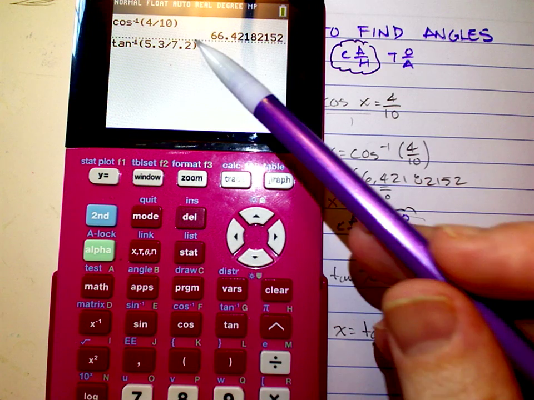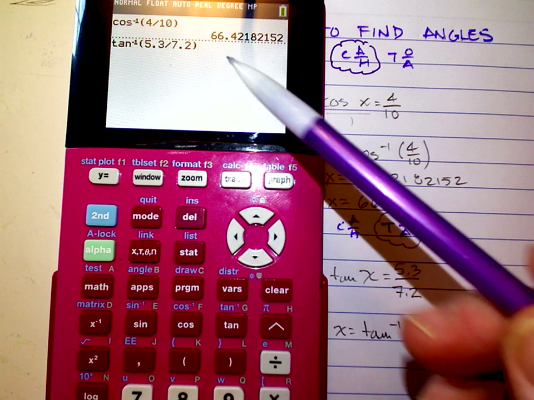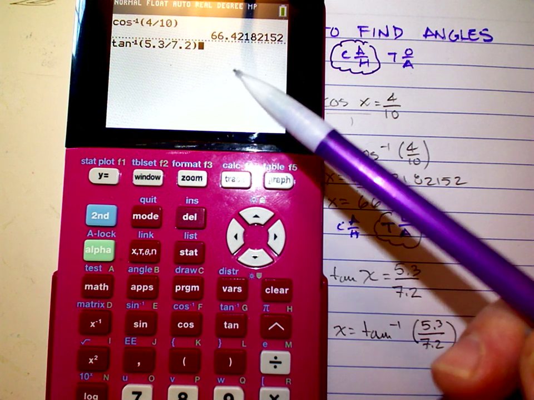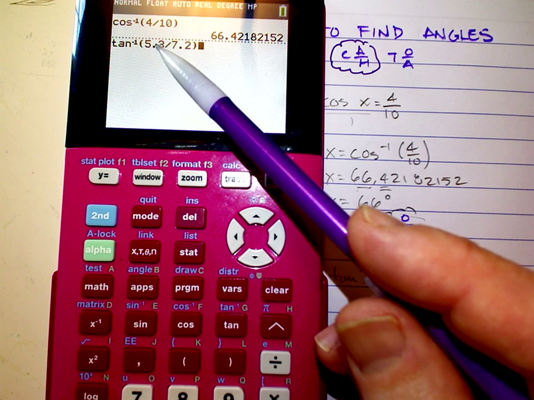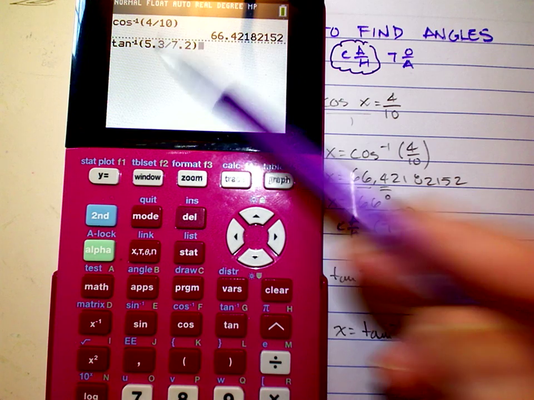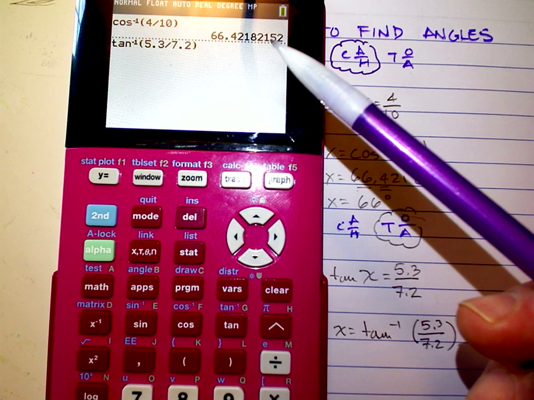Do want to point out in both of these the smaller number is on top, but that isn't a rule that must be followed. Okay? Sometimes we'll get a value with tangents where the numerator will be larger than the denominator. Sometimes in this case the numerator will be less than the denominator.